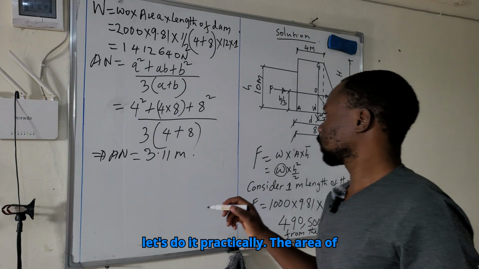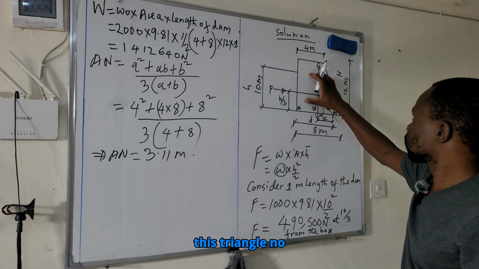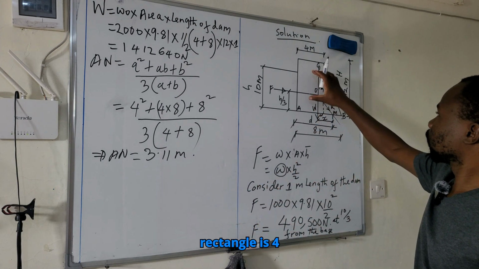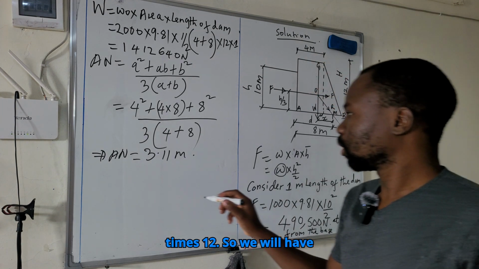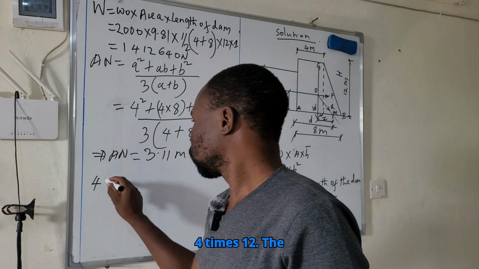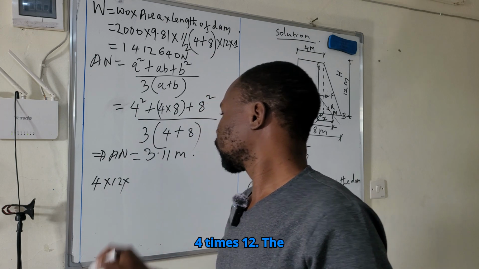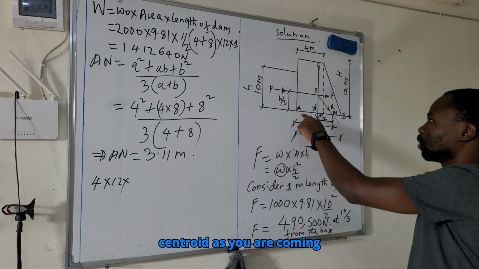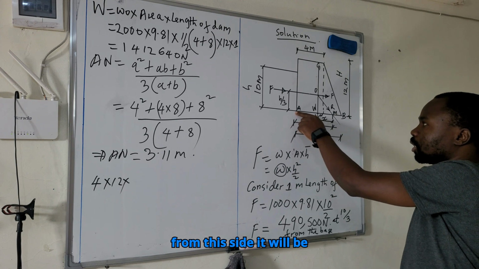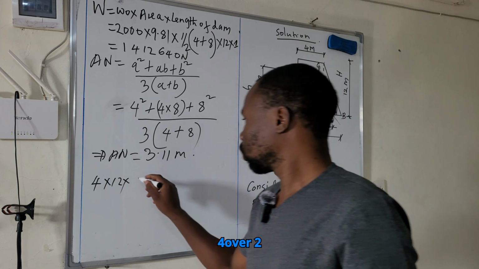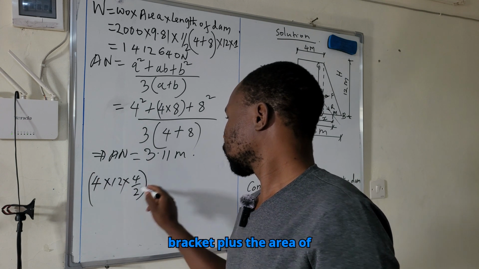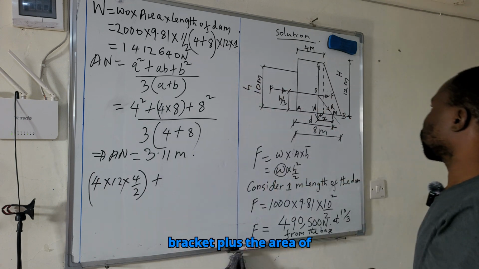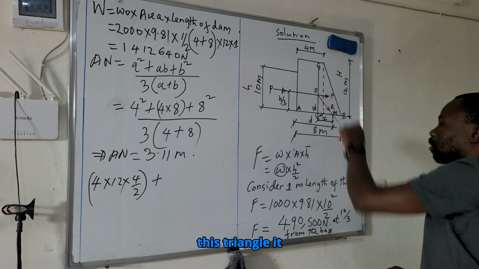So let's do it practically. The area of this rectangle is 4 times 12. So we will have 4 times 12. The centroid, as you are coming from this side, it will be 4 over 2, plus the area of this triangle.